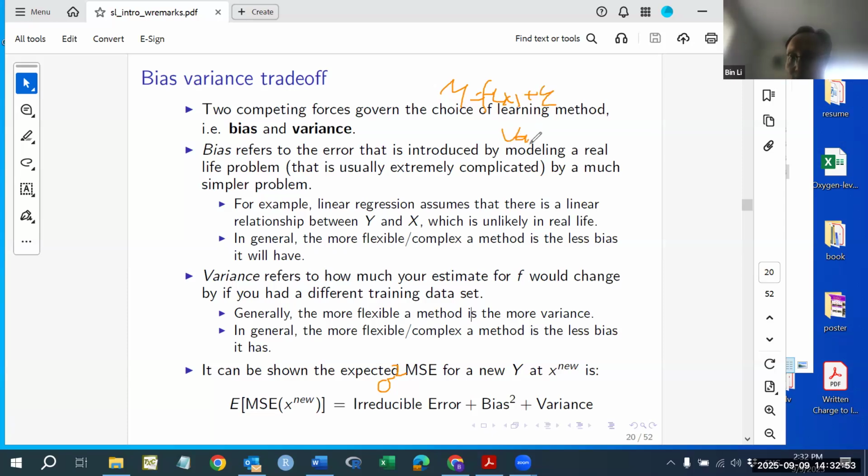And the variance for the epsilon, let's say we assume that is sigma square. That part is built into the data. We cannot reduce that, so that's why it's called irreducible error. Okay? I will show you some more details about the math in a minute.